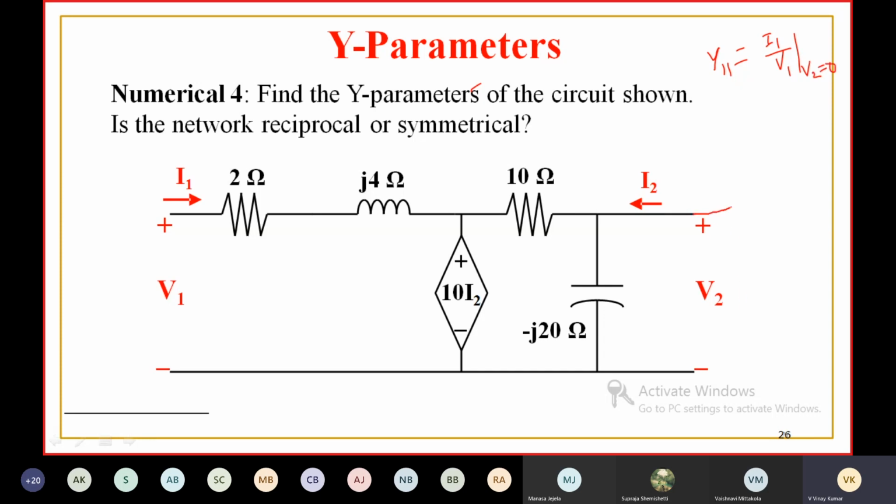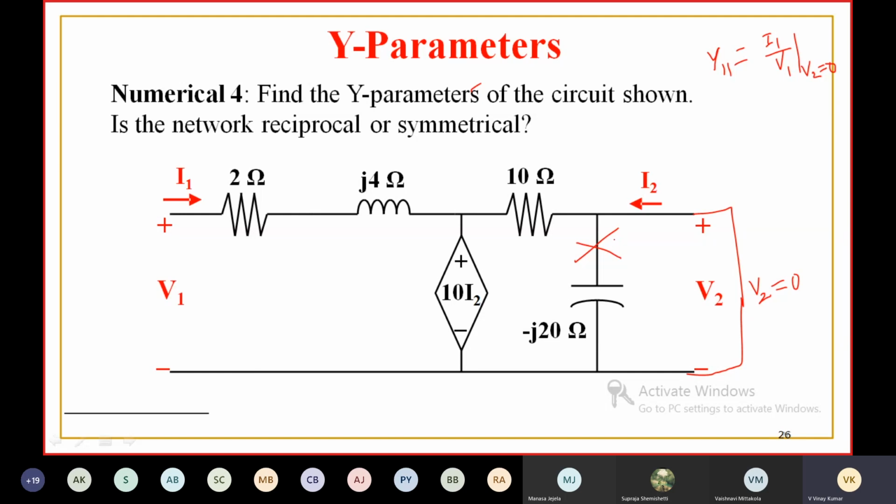Now you short circuit this port. Then V2 becomes 0. Then no current flows through this capacitor, if it gets short circuited.